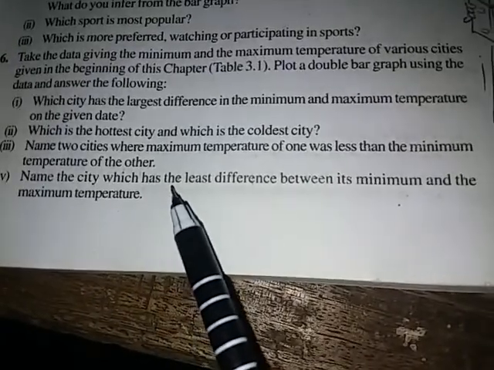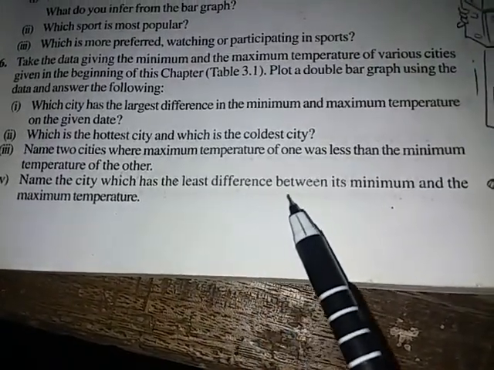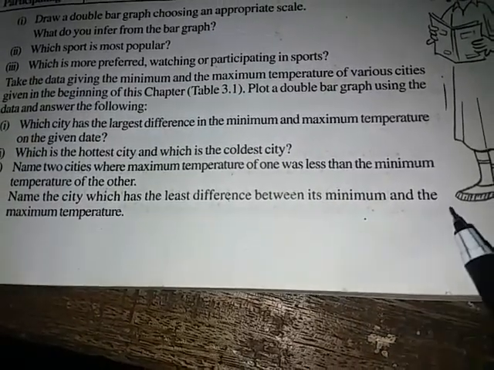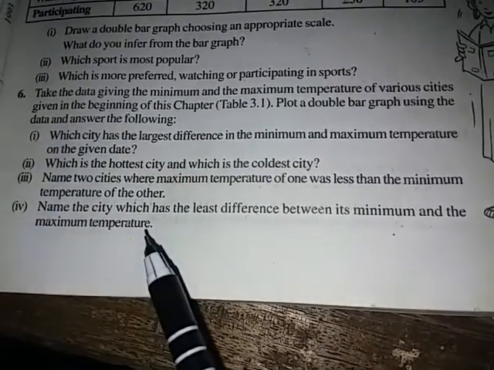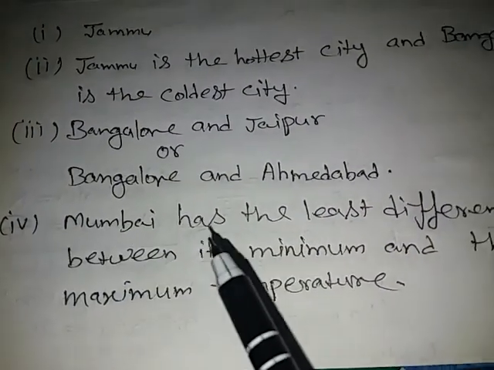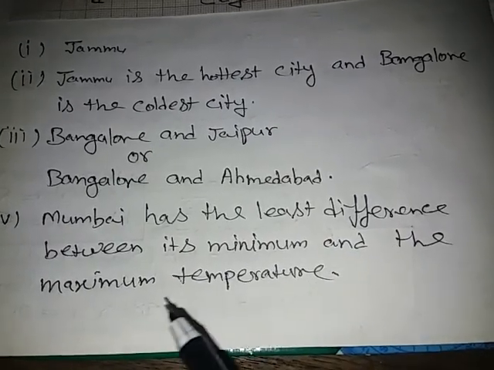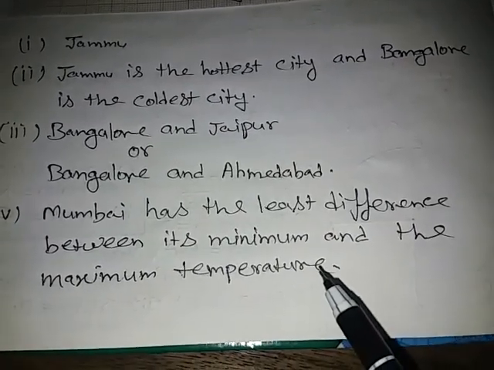Now the last question: name the city which has the least difference between its minimum and the maximum temperature. Answer of part 4: Mumbai has the least difference between its minimum and the maximum temperature.